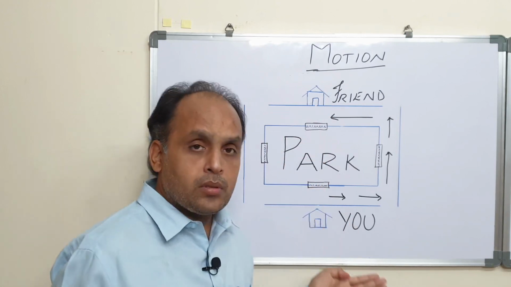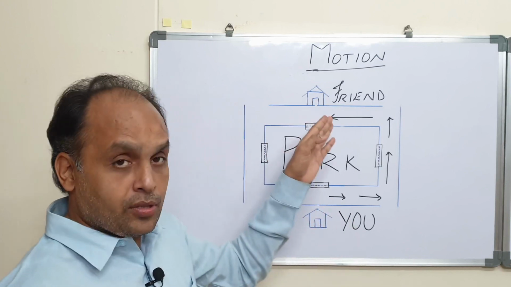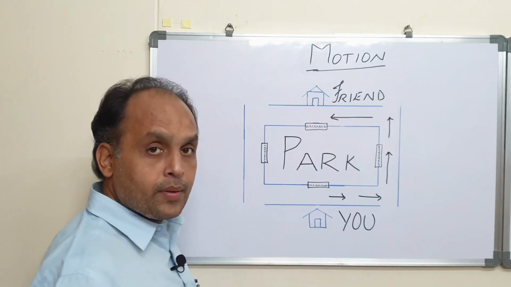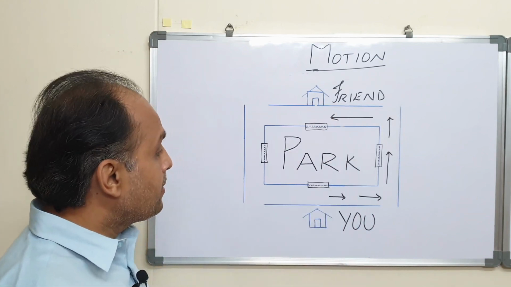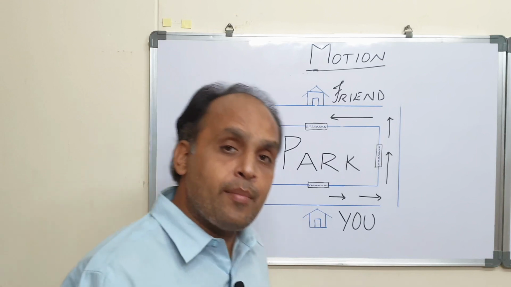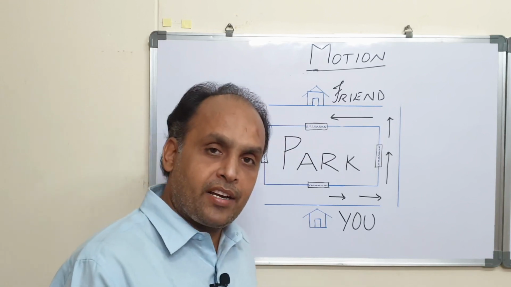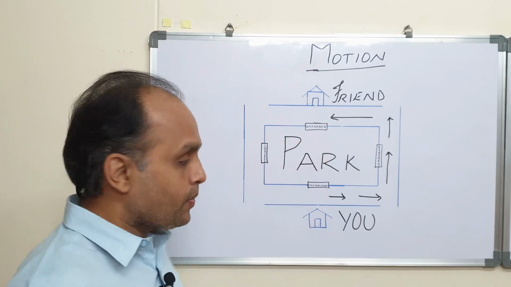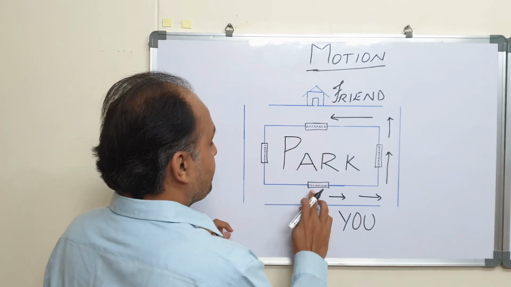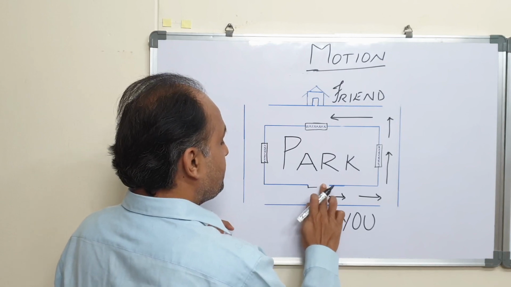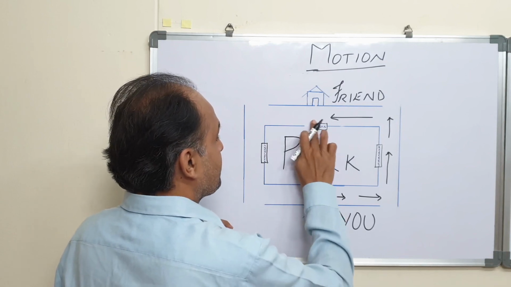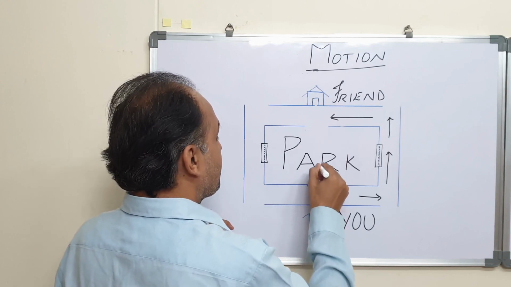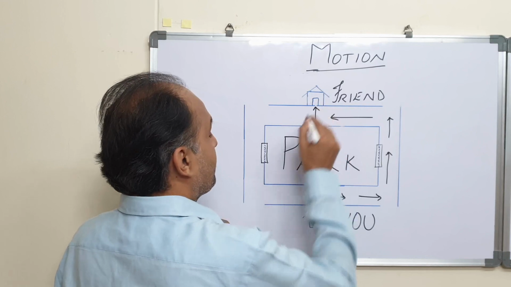So you can't go in this path. So you opt to go this way. And later in the same day, you found the gates were open, this gate was open, and even this. So you opt to go in a direction which is just straight like that to your friend's house.